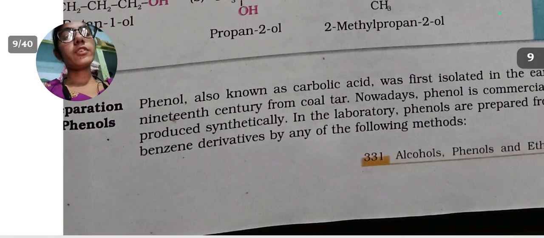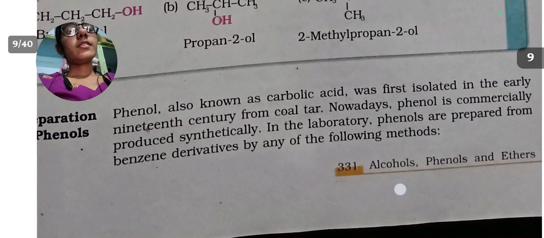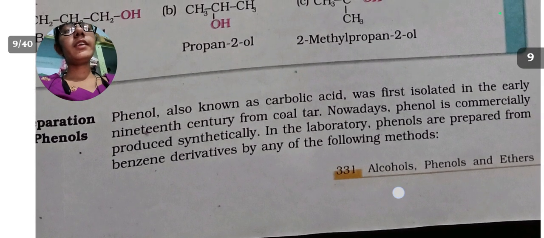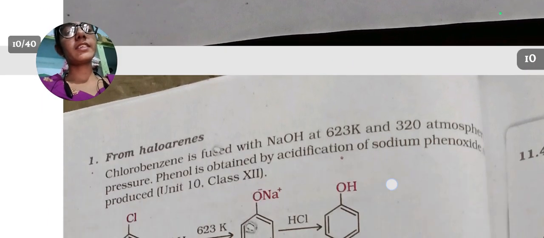Preparation of phenols. Phenol was first isolated in the early 19th century from coal tar. Now phenol is commercially produced synthetically. In the laboratory, phenols are prepared from benzene derivatives by the following methods.